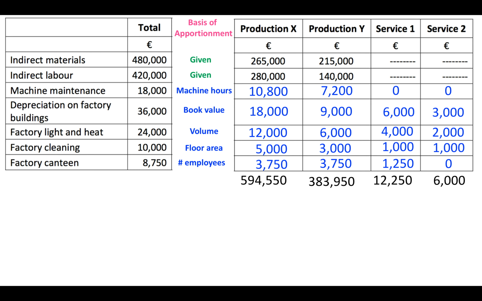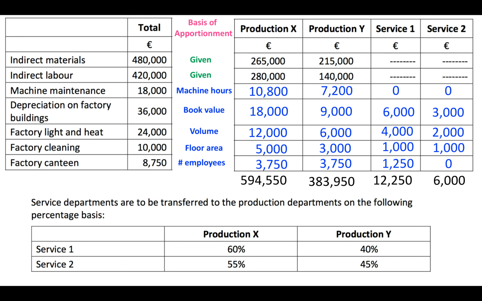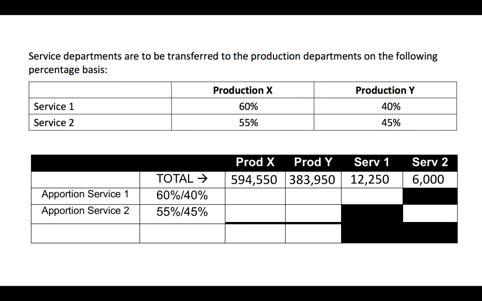Okay, so service departments are to be transferred to the production departments on the following percentage basis. So service 1, 60% production X and 40% production Y, and service 2 is to be put 55% into production X and 45% into production Y. So it's going to look like this. So we've got our totals.